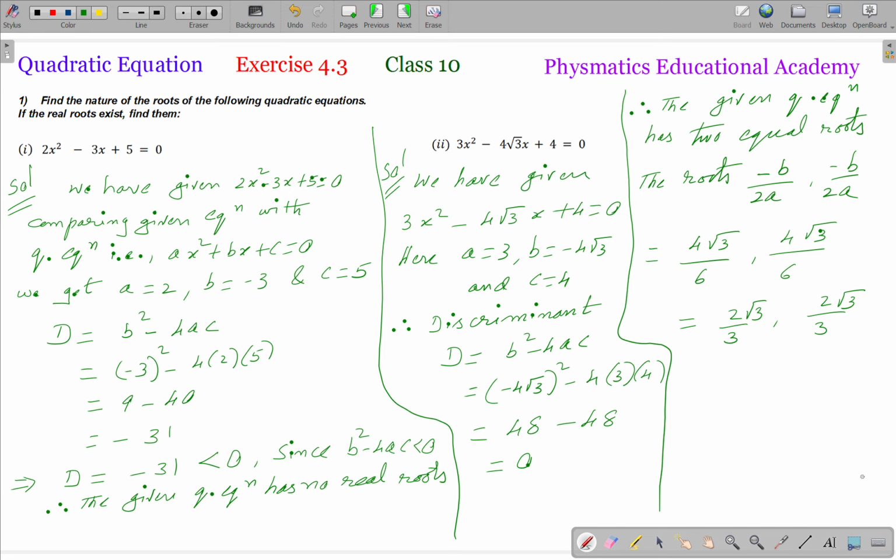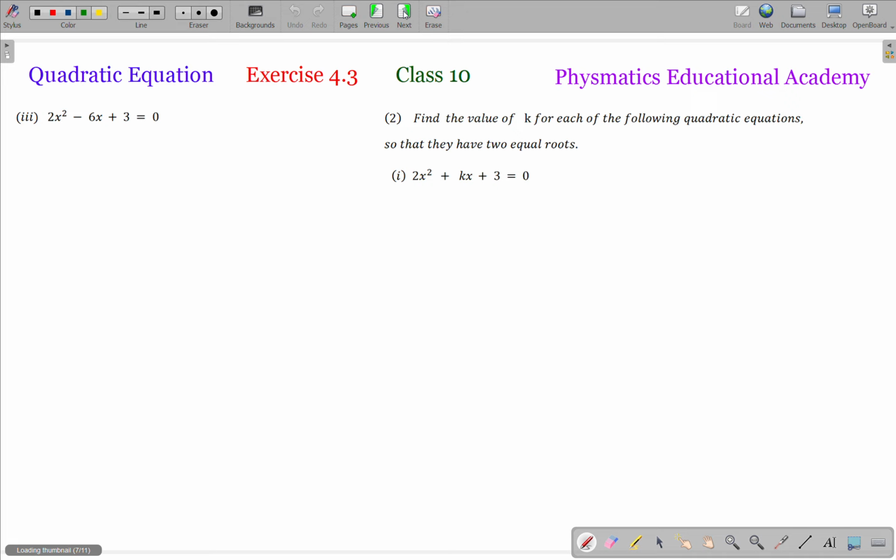In question number 3, 2x square minus 6x plus 3 is equal to 0.